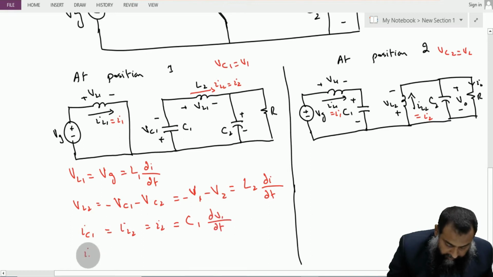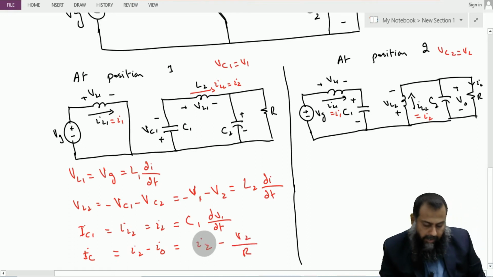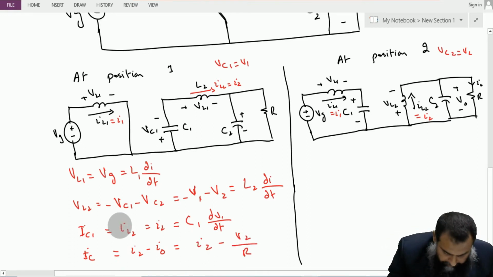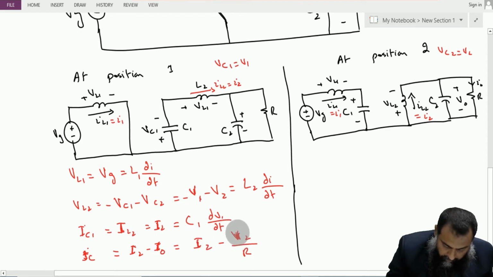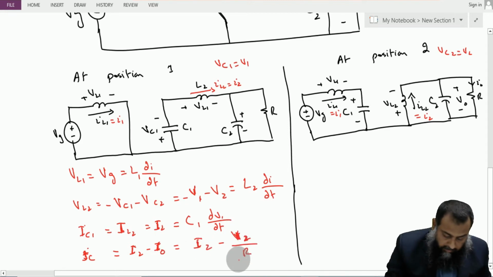And here we have the IC2 that is equal to I2 minus I0, and that is equal to I2 minus V2 over R. If we apply the small ripple approximation, we can replace these small letters by capital letters. So this is equal to V2 over R. So these are the equations for the switch position number 1.